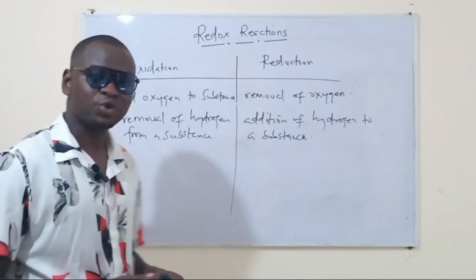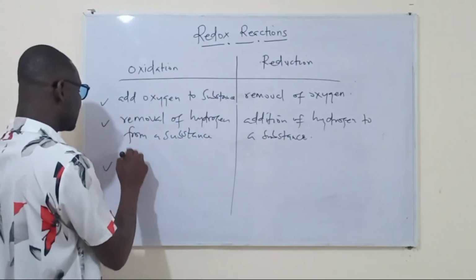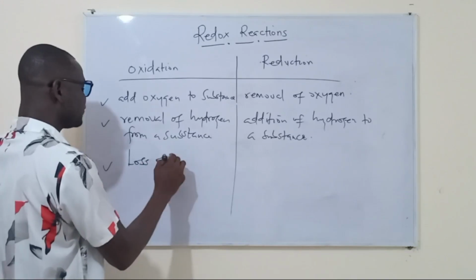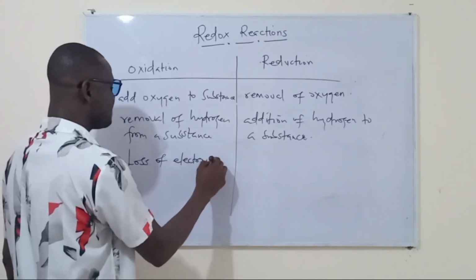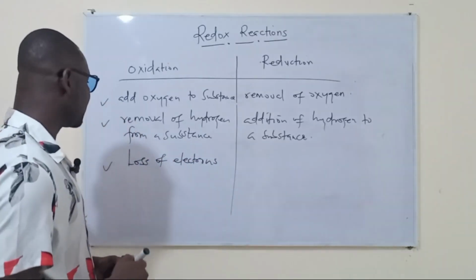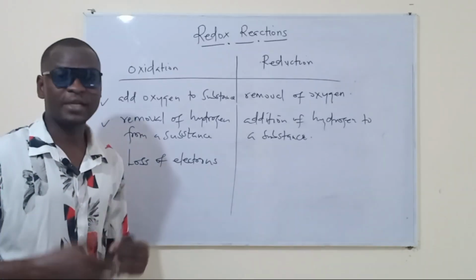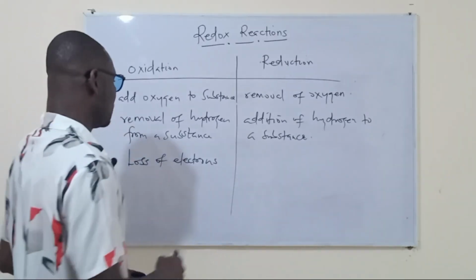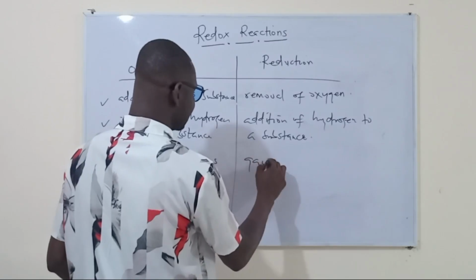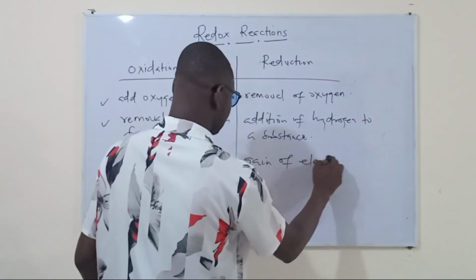Oxidation is also the loss of electrons. So when substances lose electrons, we say they are undergoing oxidation, whilst reduction is the gain of electrons.